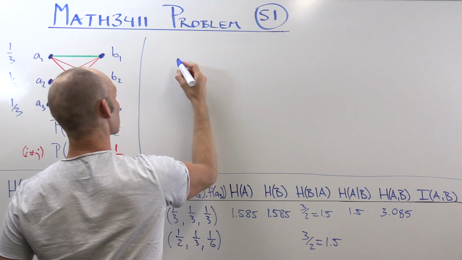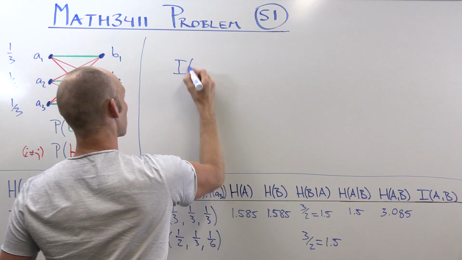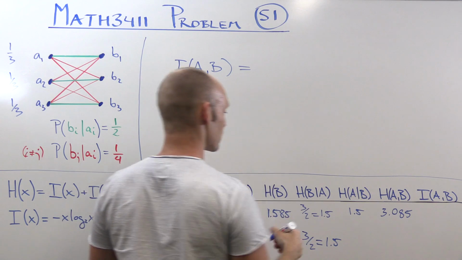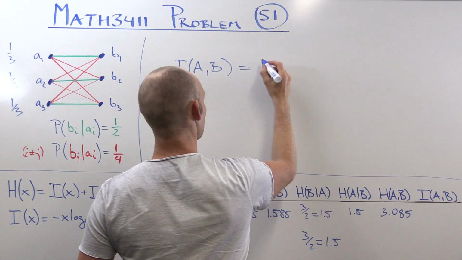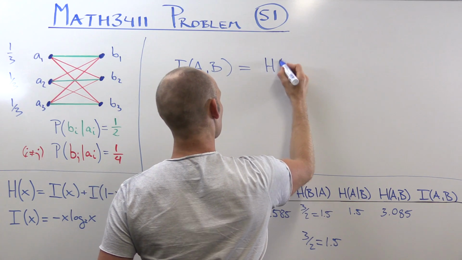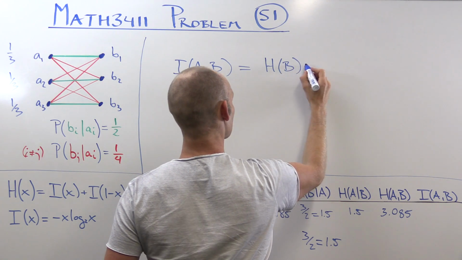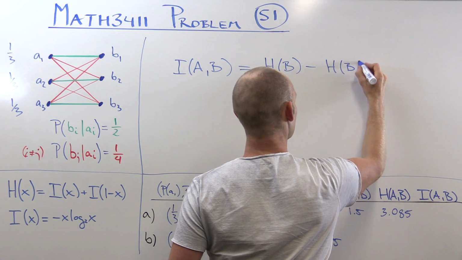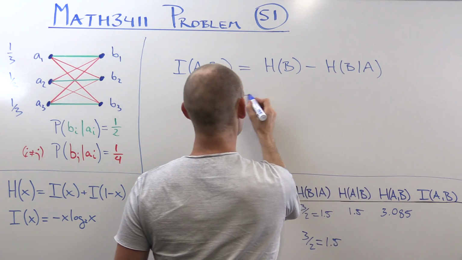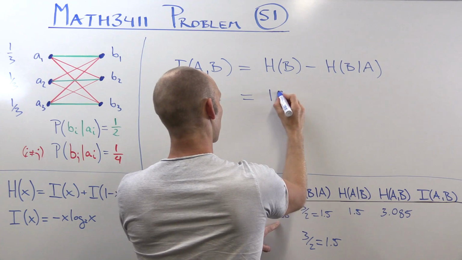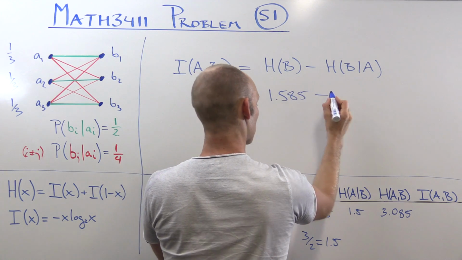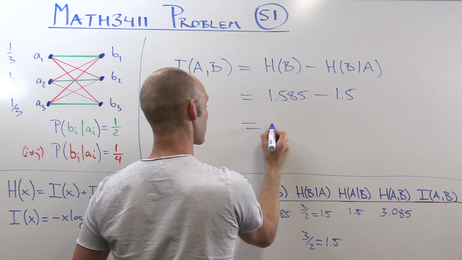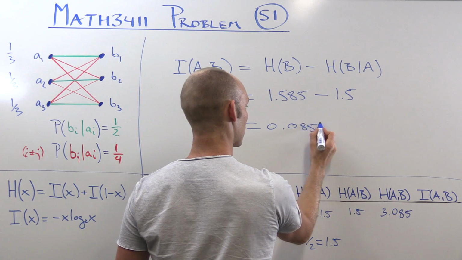I of A comma B, that's for instance equal to, and we can do it in various ways, but for instance we could take the entropy of B and subtract the entropy of B given A, and that will give us 1.585 minus the 1.5 that we had, and that gives us 0.085.